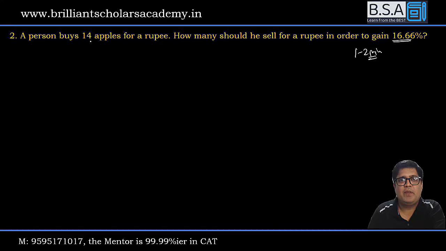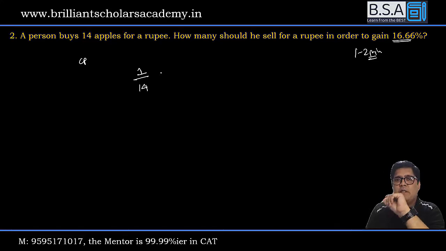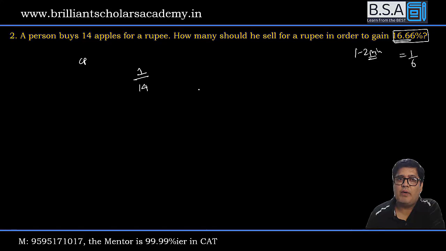First of all, when the person buys, that is the cost price. Cost price of one apple is 1 rupee upon 14. He wants 16.66% profit. What is 16.6%? It is 1 by 6. Profit: CP into 7 by 6 is equal to selling price.